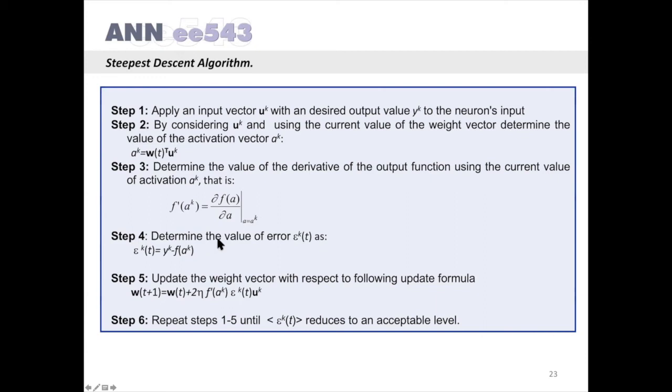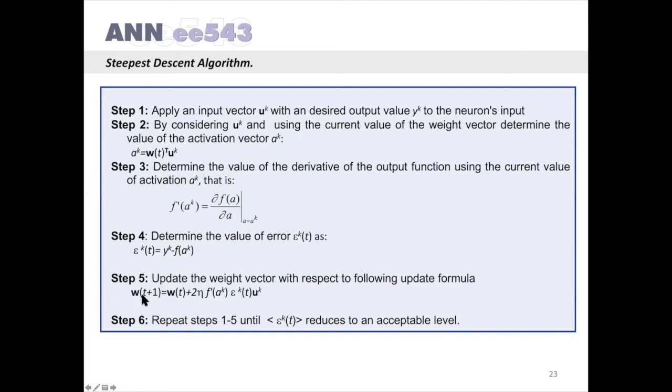Step 4. Determine the value of error epsilon k at iteration t as epsilon k(t) is equal to yk, this is the desired output when the input uk is applied, minus ak, this is the actual output. Step 5. Update the weight vector with respect to the following update formula. This is the update formula that we derived previously.